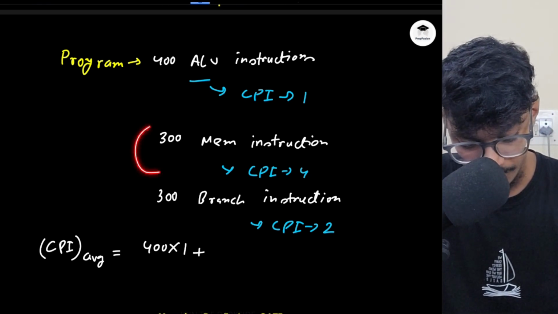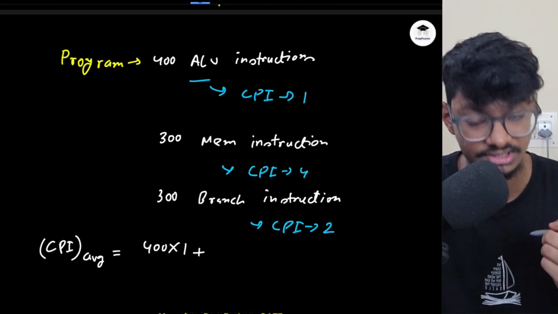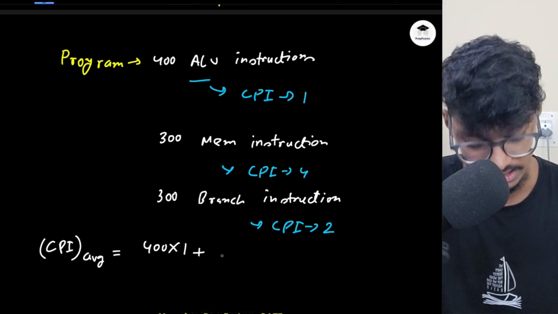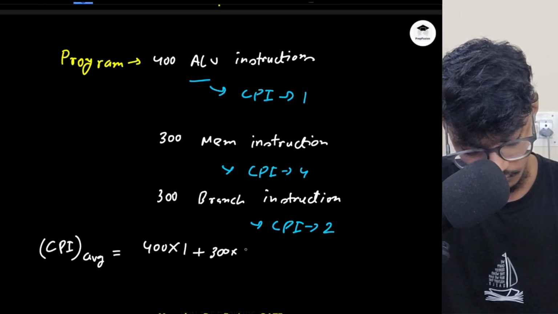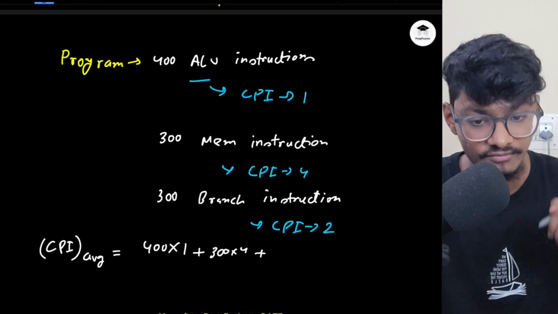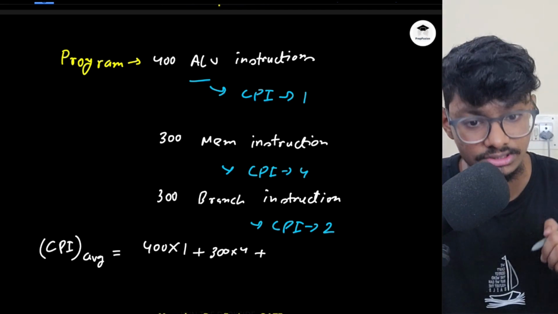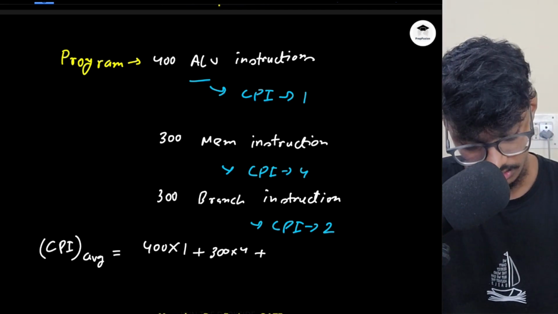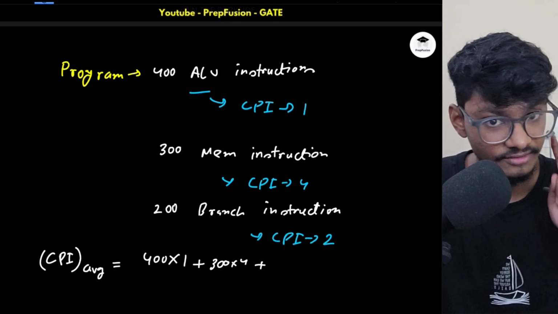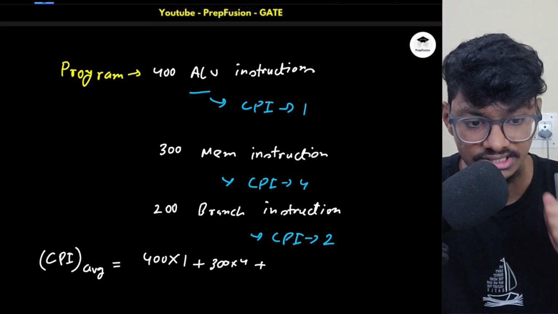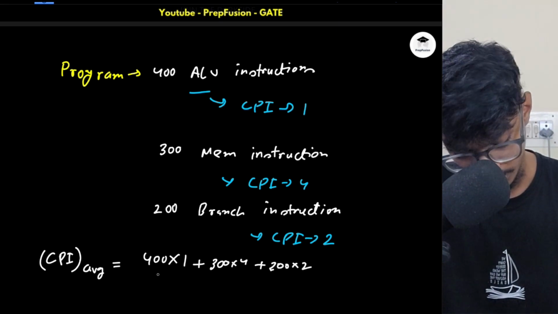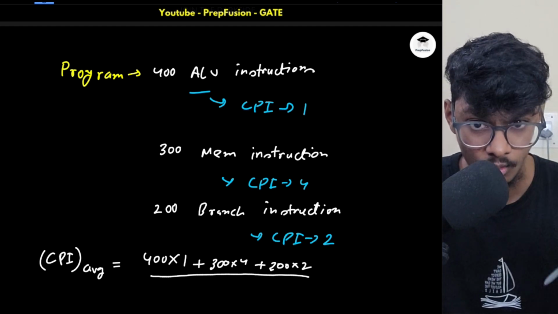If I have 300 memory instructions, and each memory instruction takes 4 cycles, the total 300 memory instructions will take 300 into 4. And if I have 200 branch type instructions, and each branch type instruction takes 2 cycles, it will be 200 into 2. The total number of cycles divided by the total number of instructions.